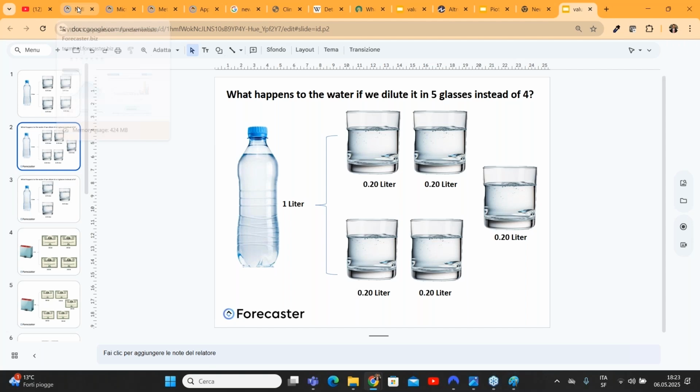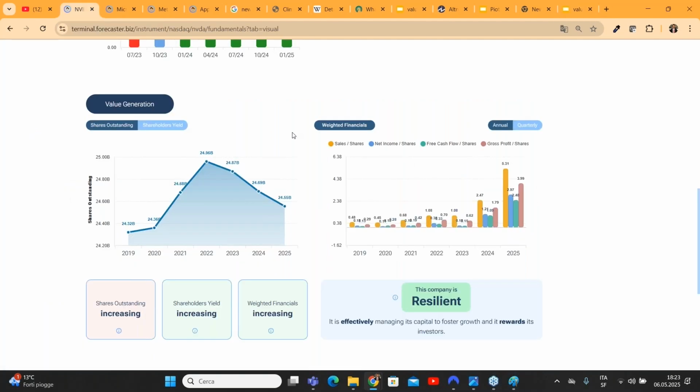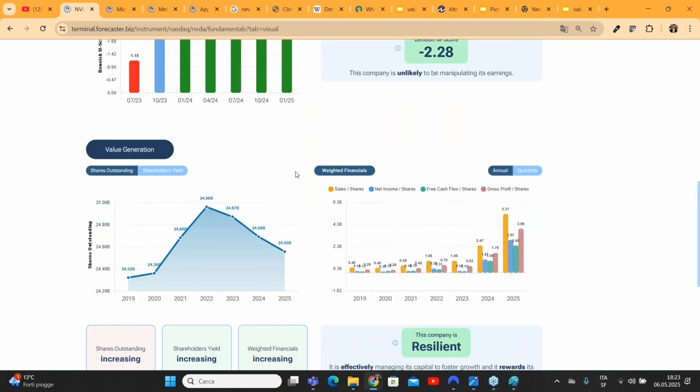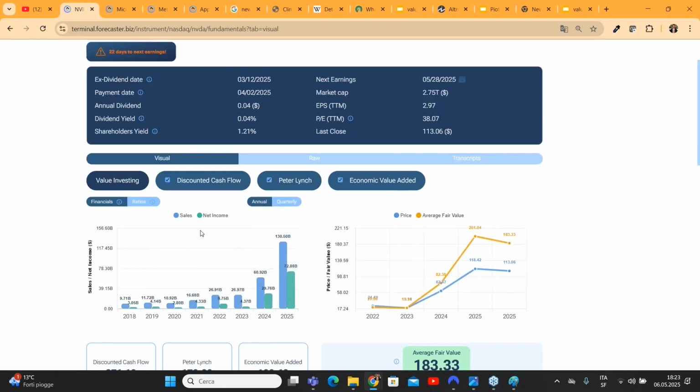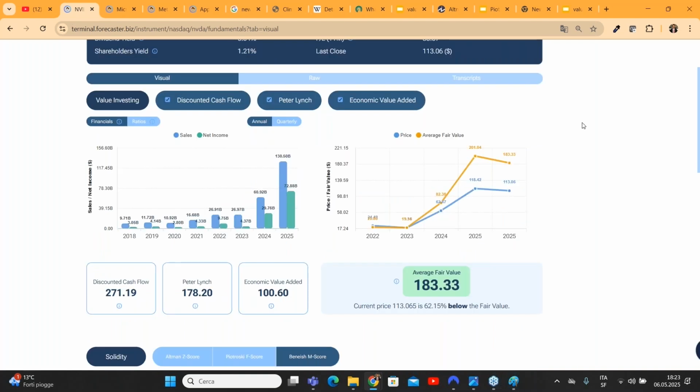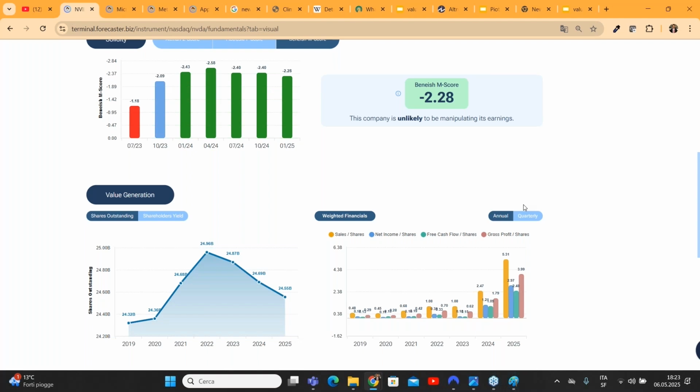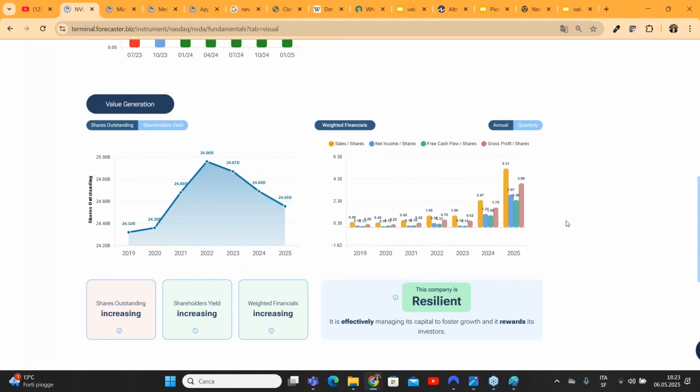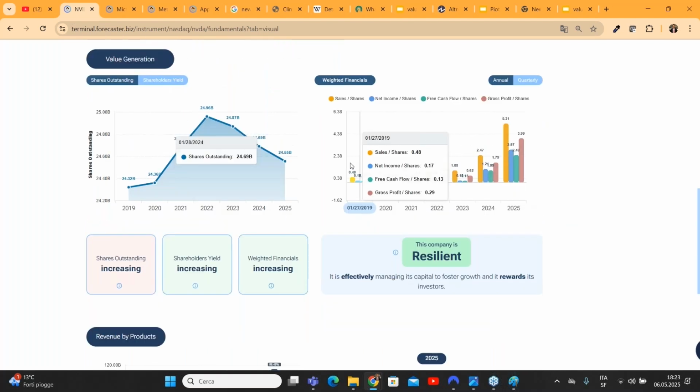Okay, and this is something really interesting, because sometimes it happens that the company is doing great in results, in financials, but on the stock market the company doesn't grow. Okay, and probably it's something that happens when the company is doing good, but it's also issuing more and more shares.